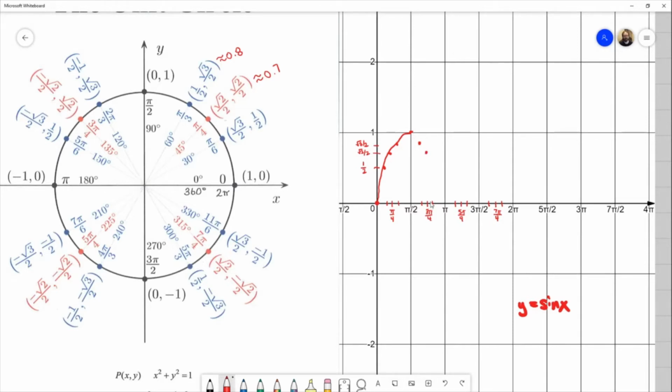The next tick mark would be at 5 pi over 6, where the y coordinate is 1/2. And then when our input is pi, the y coordinate of the point that corresponds to pi is 0. So we're back down to the x-axis.